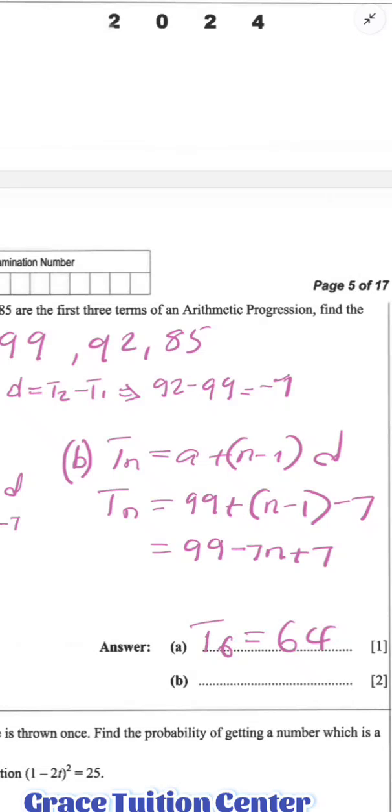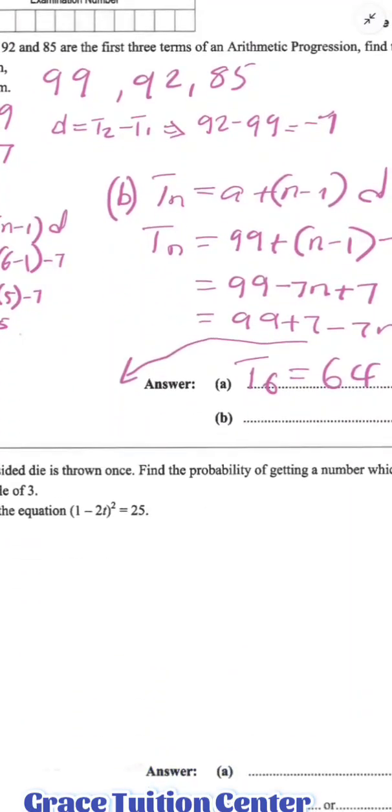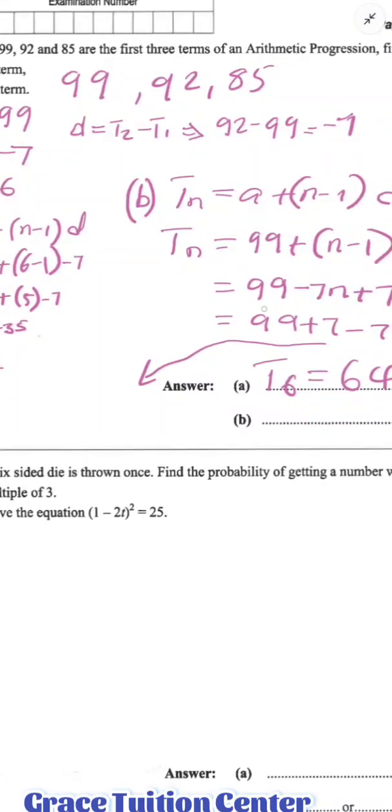So now we can go ahead and group the like terms. We're going to have 99 plus 7 minus 7n. Allow me to write my final answer here. 99 plus 7 is 106.